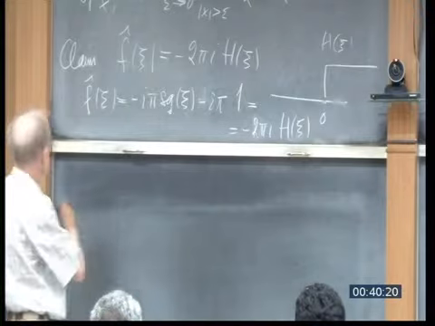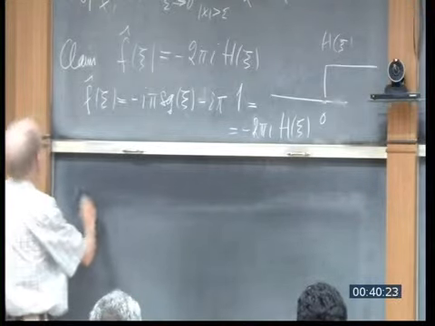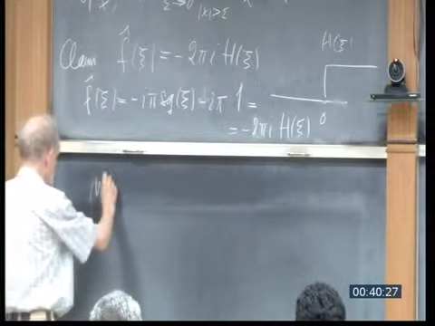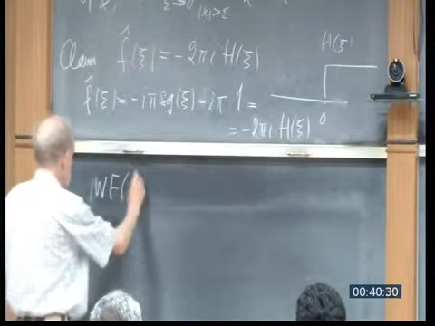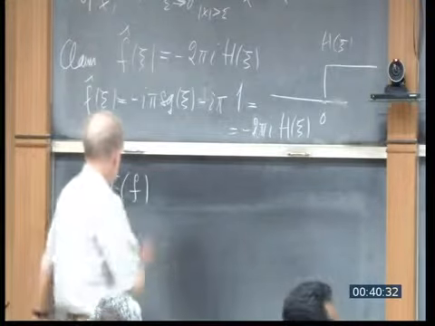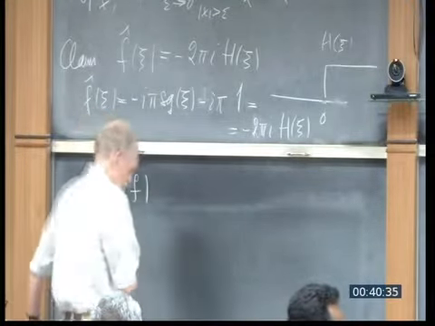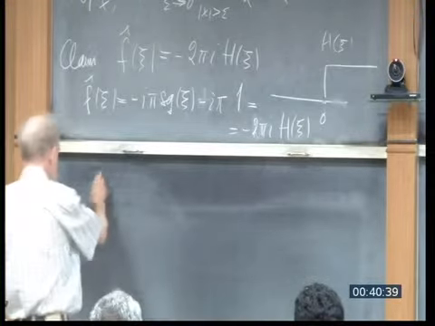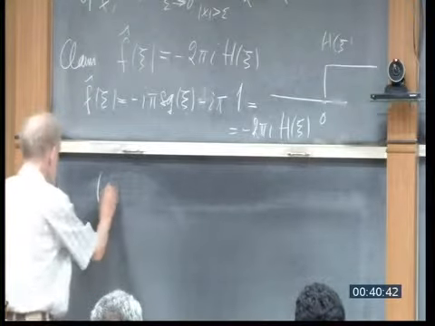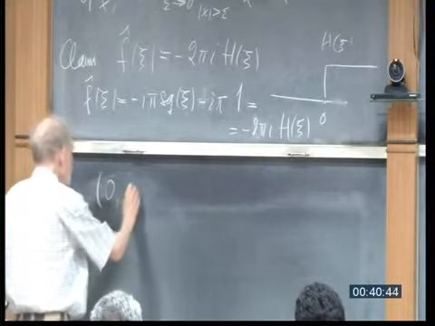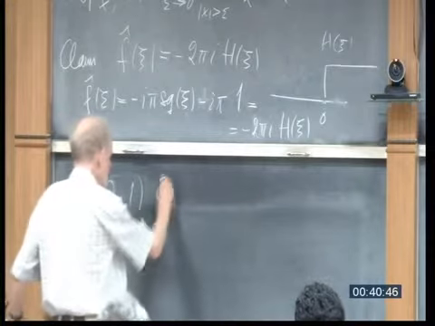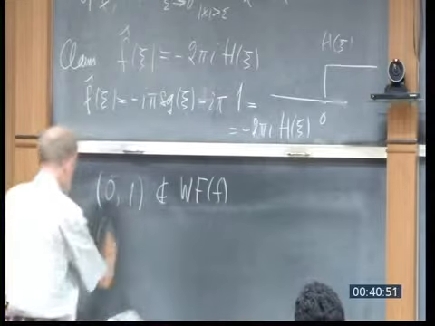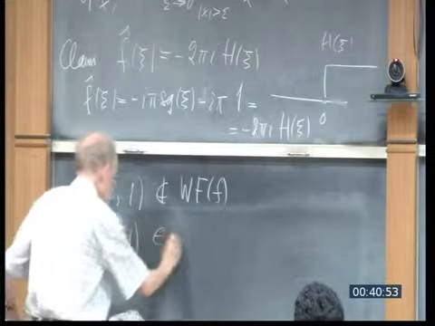It follows from this that the wavefront set of f can only contain, with the sloppy notation which is common, that (0, 1) is in the wavefront set, but (0, minus 1) is not.